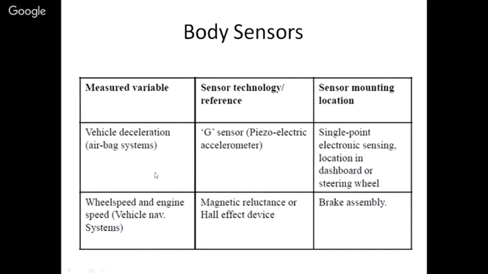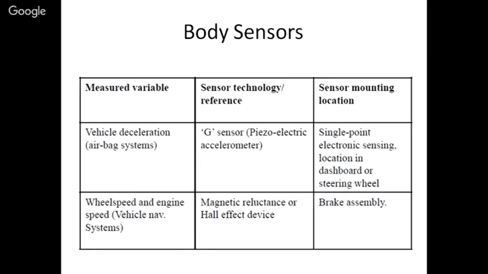In body sensors, vehicle deceleration, which is used to trigger airbags, uses piezoelectric accelerometers. Wheel speed and engine speed are magnetic reluctance or Hall effect type. So basically, the fundamental principles we have discussed in powertrain are used in the other types of sensors.